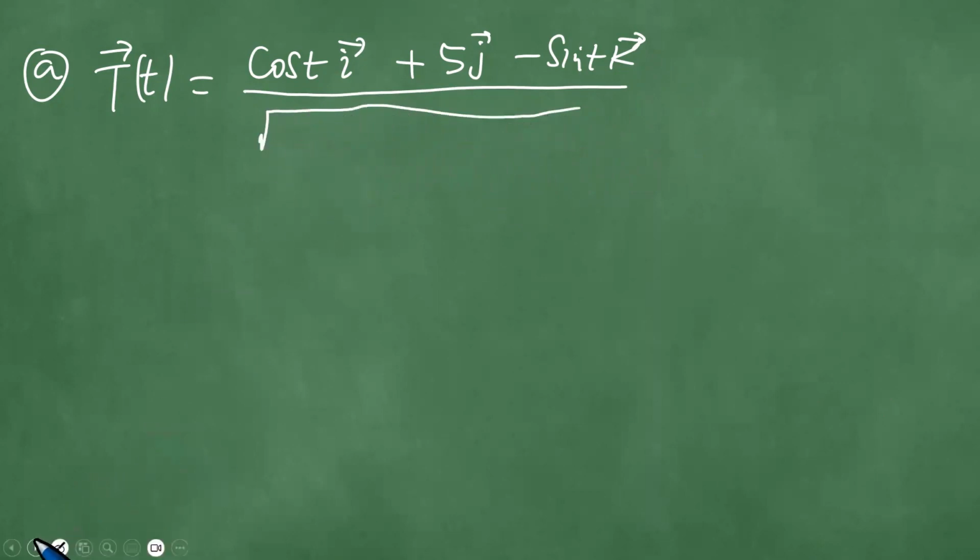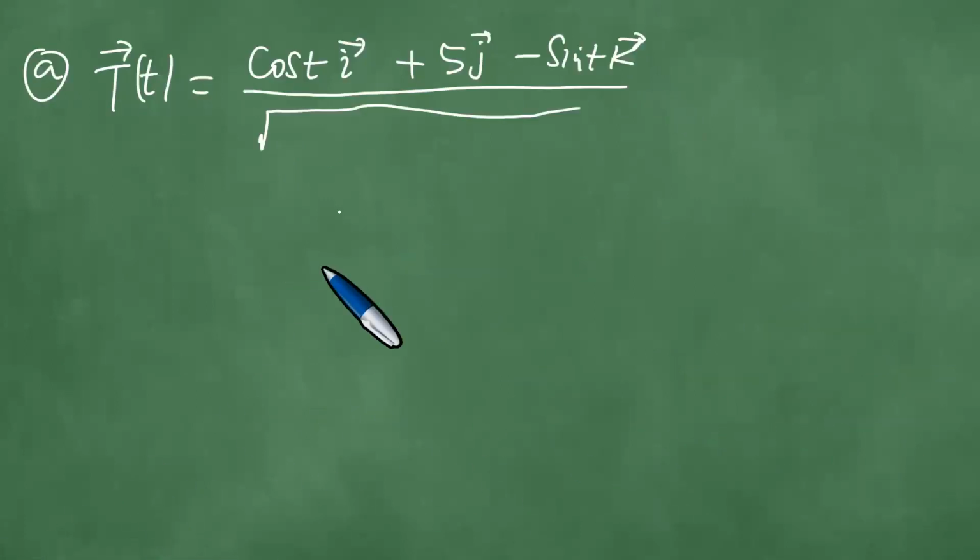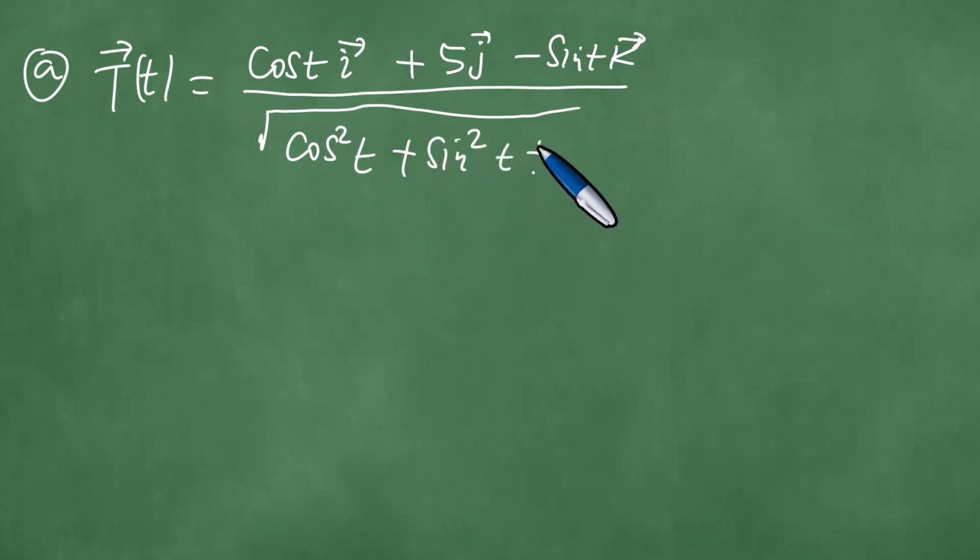Right, so if you look very carefully, you have cosine squared plus sine squared. So we have cosine squared t plus sine squared t plus 25, like this. Okay, and what is the meaning of this?